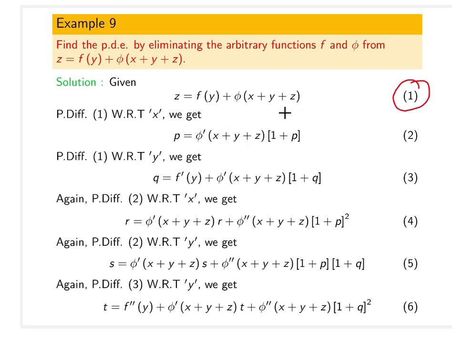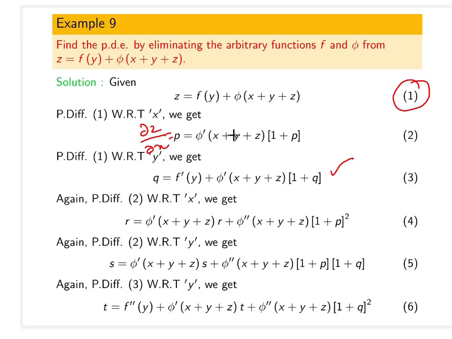Here the given equation we take as equation number 1: z is equal to f of y plus phi of x plus y plus z. Partially differentiating with respect to x, we get p is equal to phi dash of x plus y plus z into 1 plus p. Similarly, differentiating with respect to y, we get q. We already know that p is dou z divided by dou x.